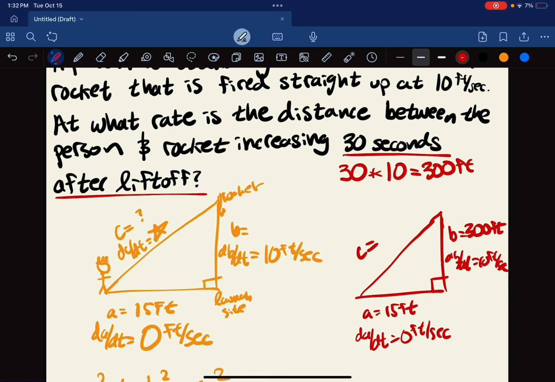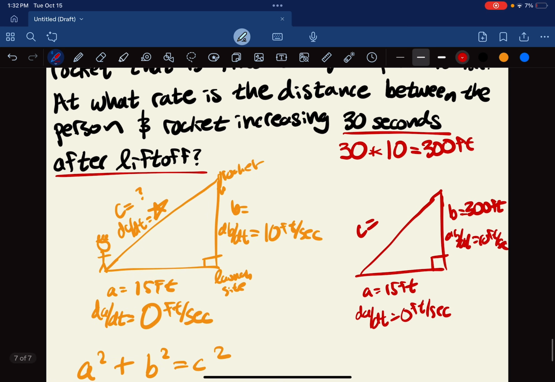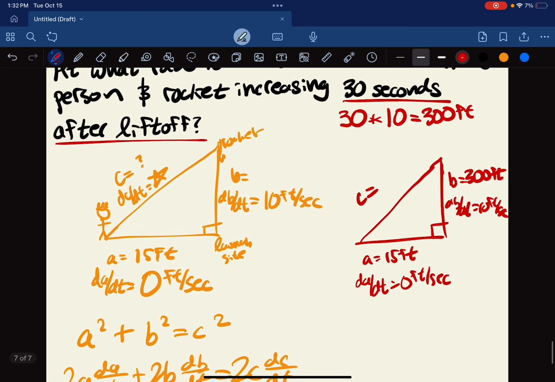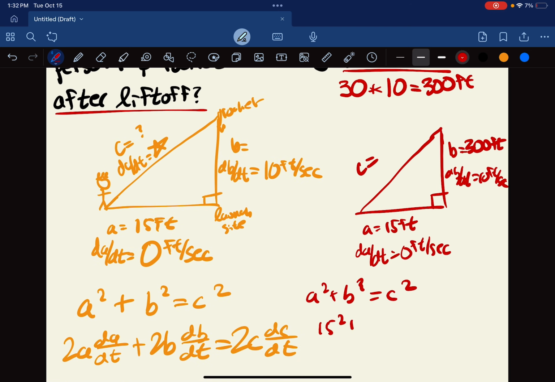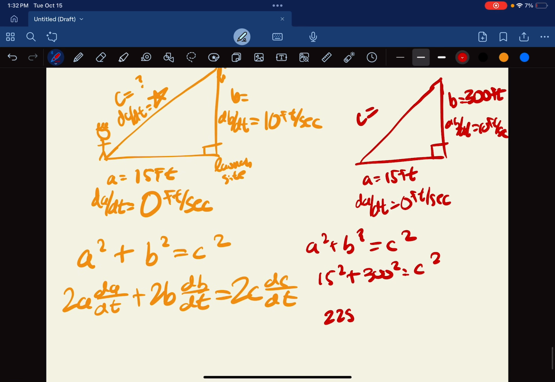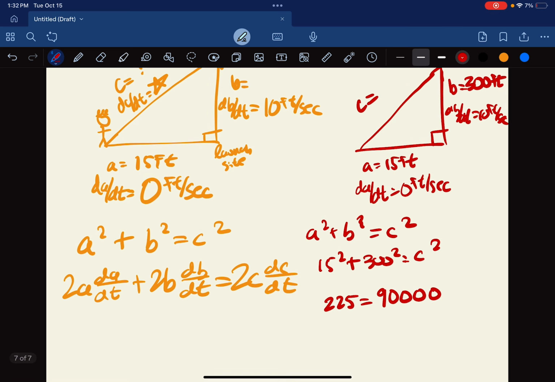And then we can use the Pythagorean theorem to figure out the C value. A squared plus B squared equals C squared. So that's 15 squared plus 300 squared equals C squared. So that's 225 plus 90,000 equals C squared.